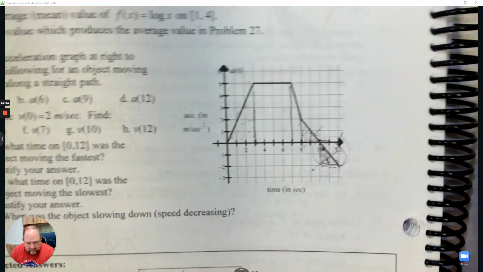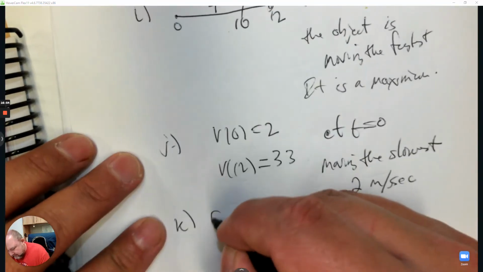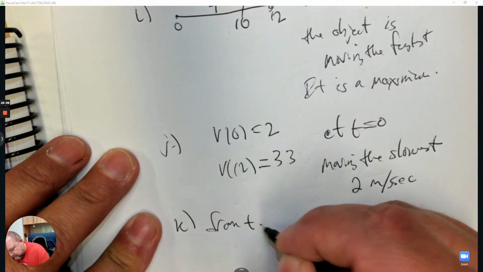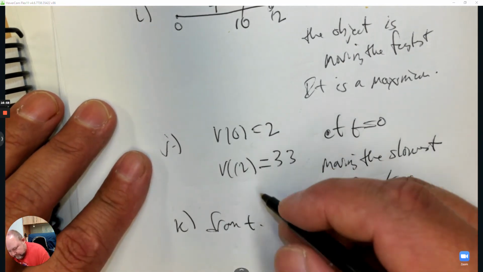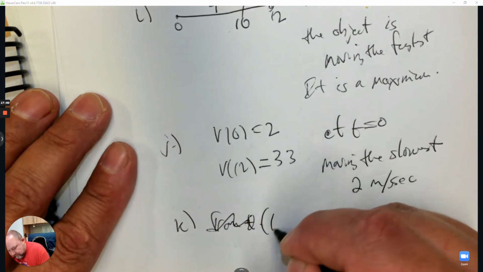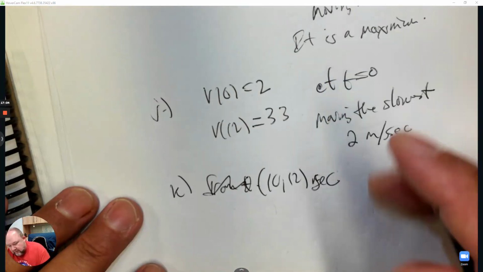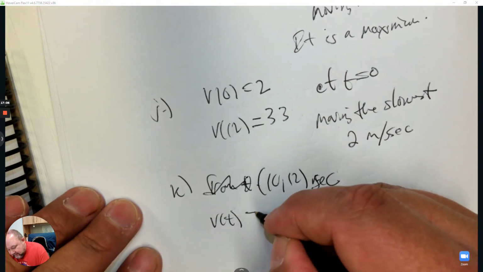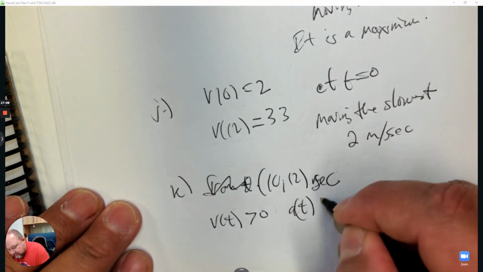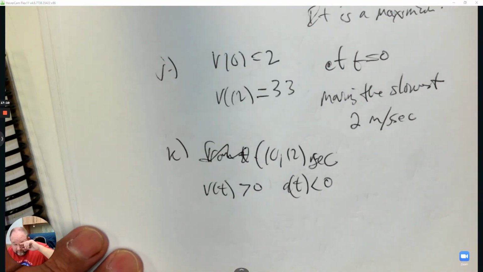It's a bit of a tricky question. So from 10 to 12, the velocity is still greater than 0 and the acceleration is less than 0.